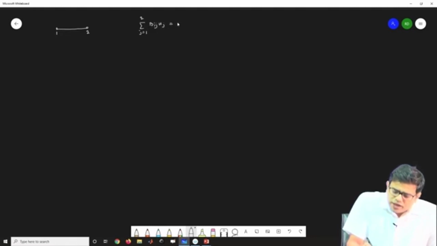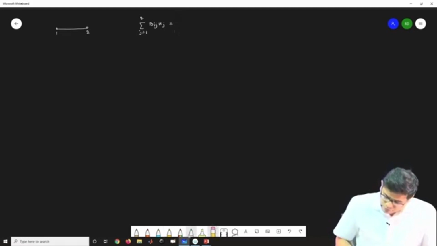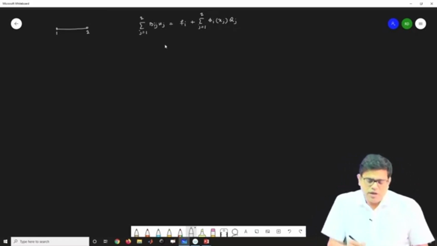For a single element with nodes 1 and 2, the summation over j equals 1 to 2 of bij uj equals something plus the summation over j equals 1 to 2 of phi i at xj times qj. So this was the equation that we are talking about.